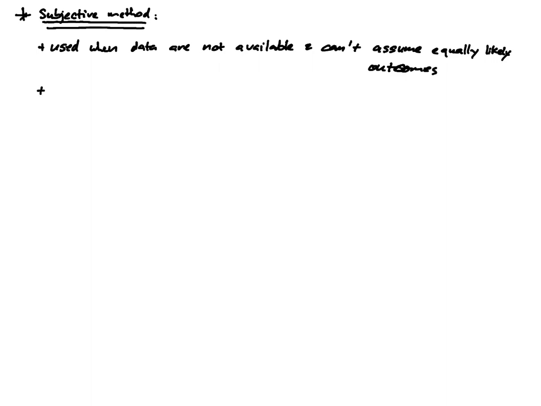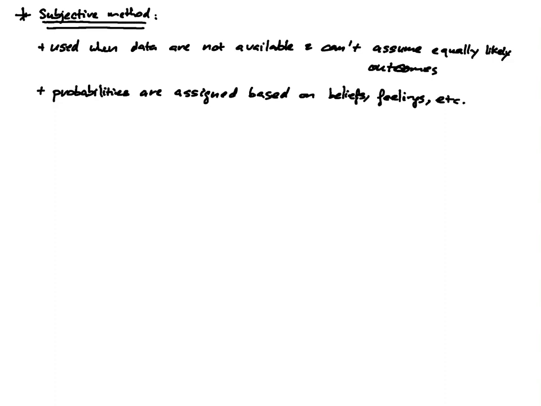In that scenario, probabilities are assigned based on beliefs, feelings, etc. And so the obvious weakness of this method is that it's not scientific, right? And will very likely be biased.